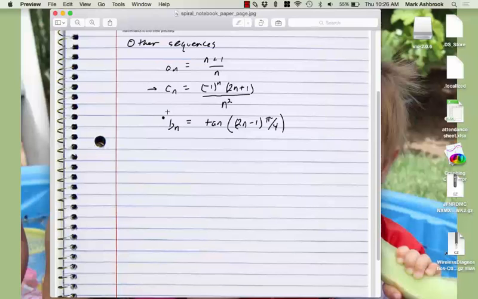Can you do it without your calculator? What's the final term? Does that make sense? No, the first one. So there is no final term, right?